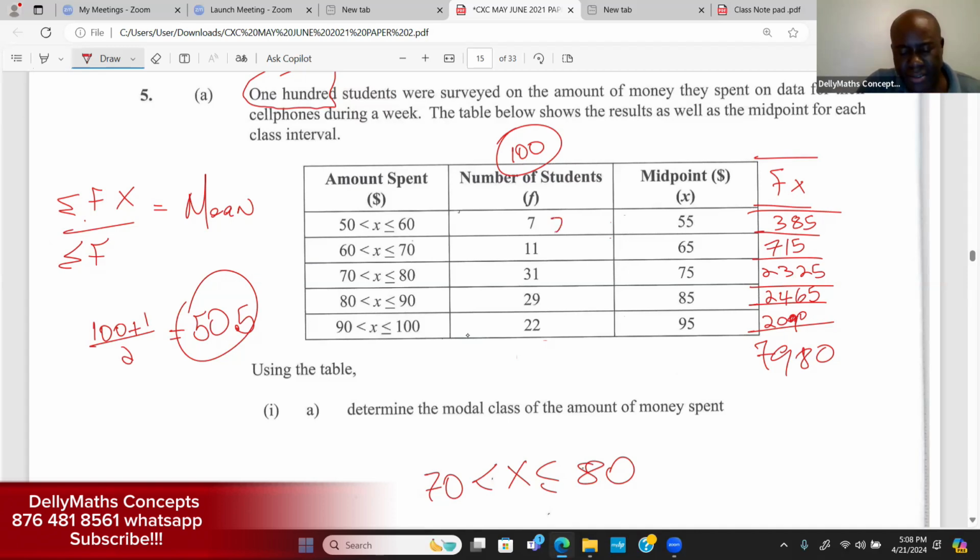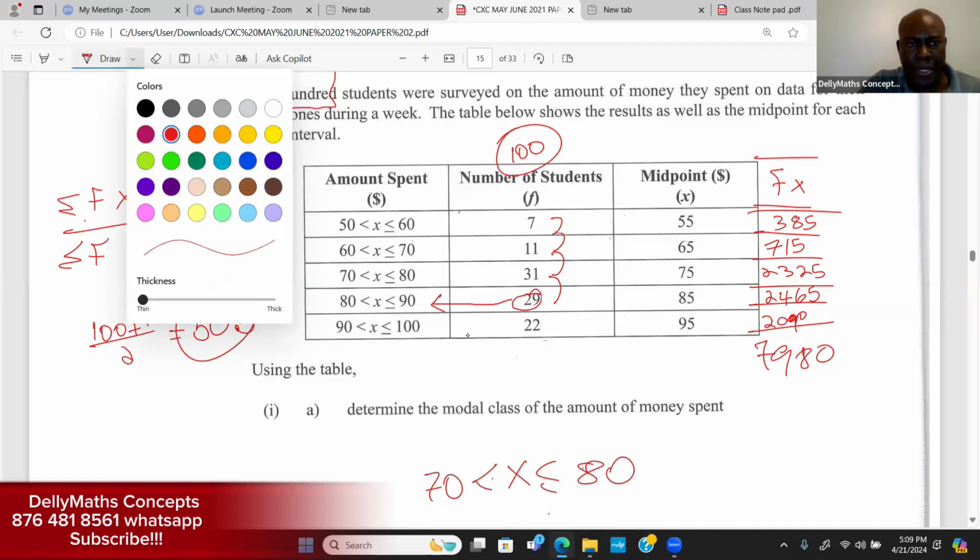7 plus 11, that's 18. So 18 plus 31 is 49. And then the moment I add this, I would have passed 50. So I'm going to do a cumulative check going up.